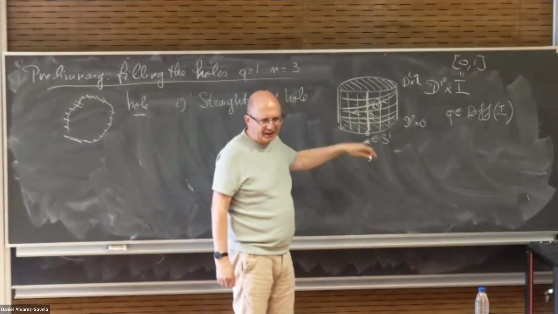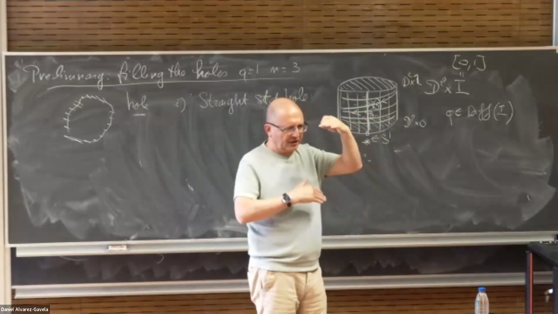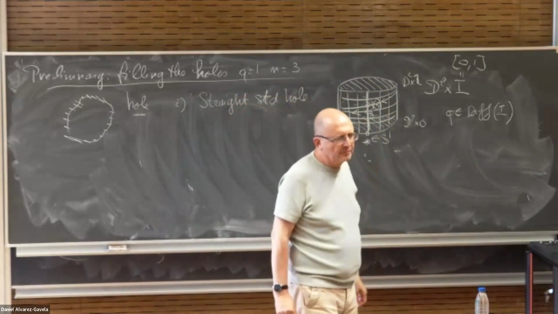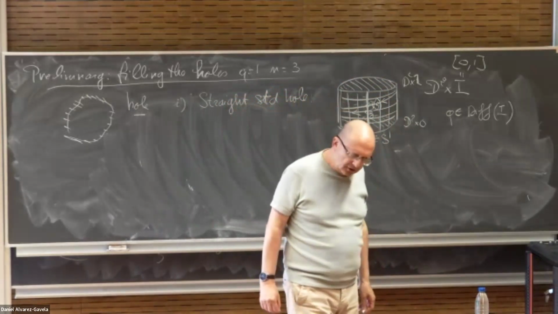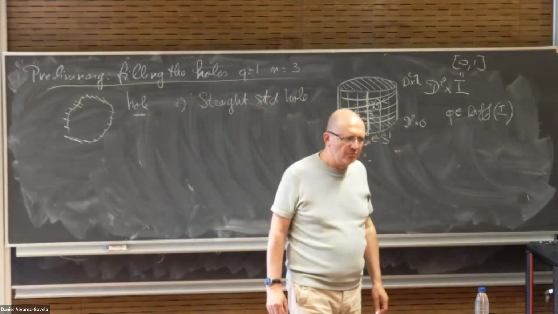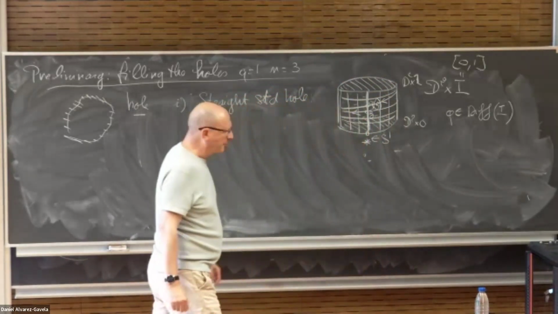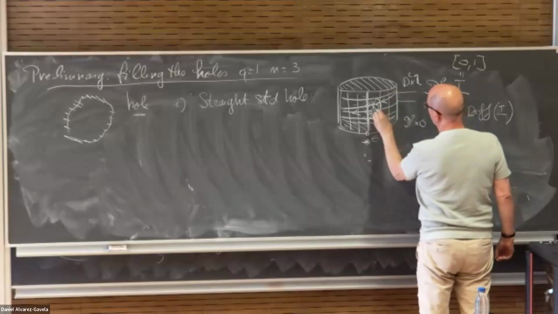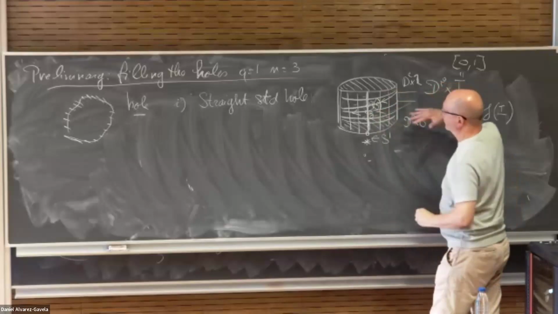Such details I will not insist on, but it will be okay. So only the spiraling lines on the side of the cylinder, those are where the foliation leaves intersect transversely with the boundary? Yes, exactly. So outside you have a foliation like this.